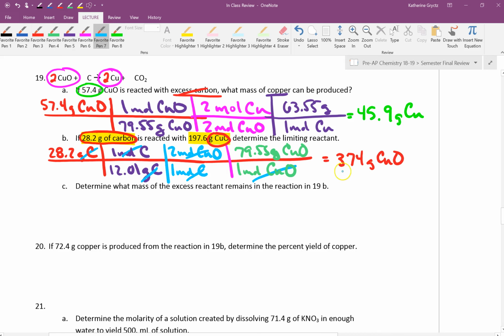Okay, what this would mean is how much CuO you would need if you were going to use all 28.2 grams of carbon. So here's where I go, okay, well, now I compare it to that other number that I didn't use. I need 374 grams. I only have 197.6. So I do not have enough CuO. So CuO is limiting.